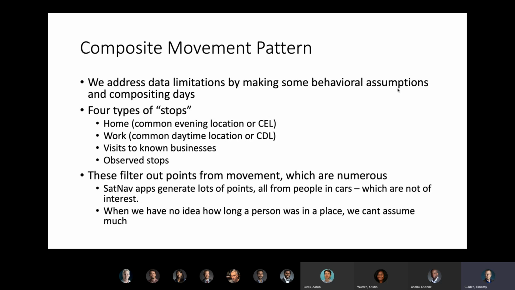Then we have a bunch of businesses that we know about, and we basically can just build a buffer around them and figure out when the device goes to one of those businesses, and count that. And then we can also just look at where devices stop. Where do we get multiple pings from a device in the same place? We can just average those locations and say, okay, the device stopped here. So I'm going to go a little bit more through how we do that, and then talk about how we put this all together into a composite movement pattern.